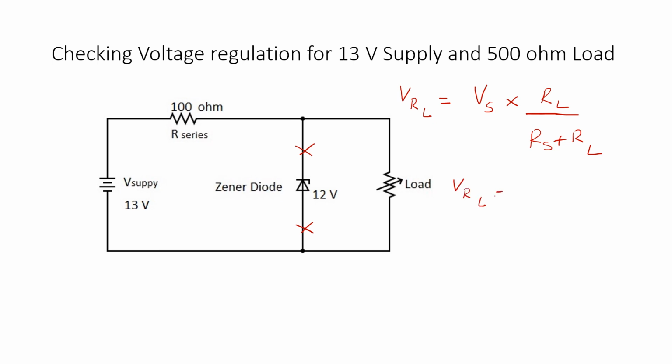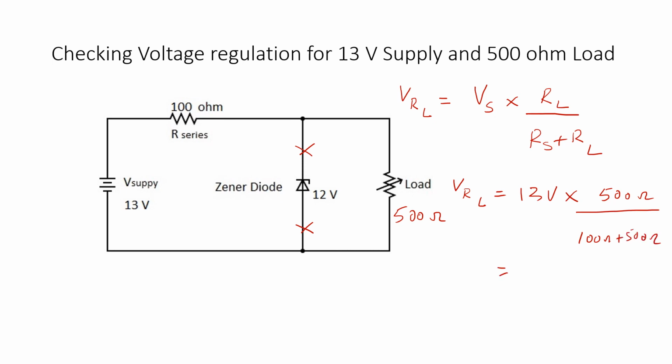So VRL is equal to 13 volts multiplied by, we said the load was 500 ohms, right? 500 ohms divided by 100 ohms plus 500 ohms.